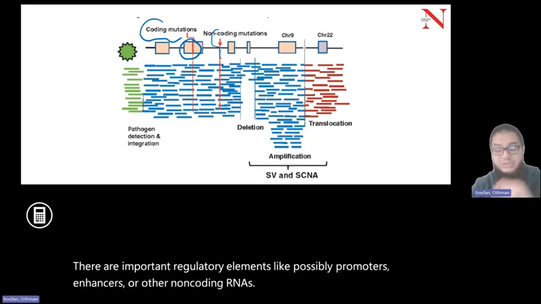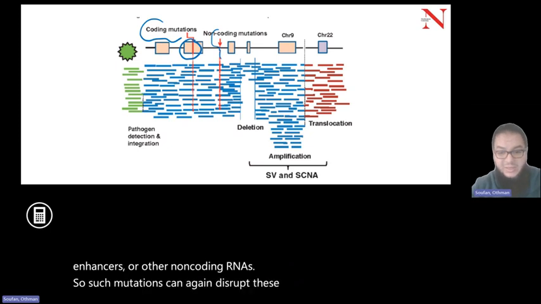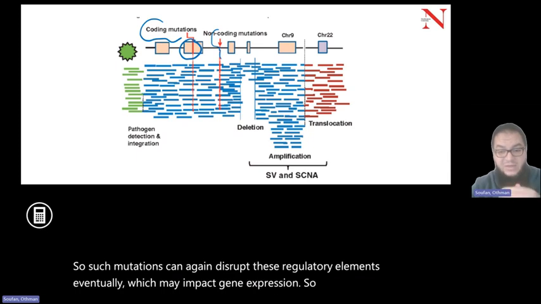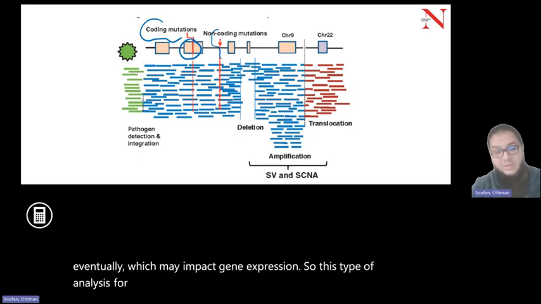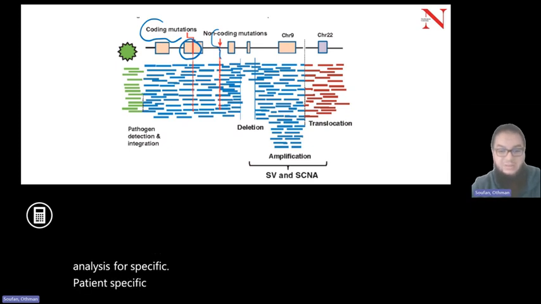Such mutations can again disrupt these regulatory elements eventually, which may impact gene expression. So this type of analysis for a patient specific sample or target can reveal lots of insights.